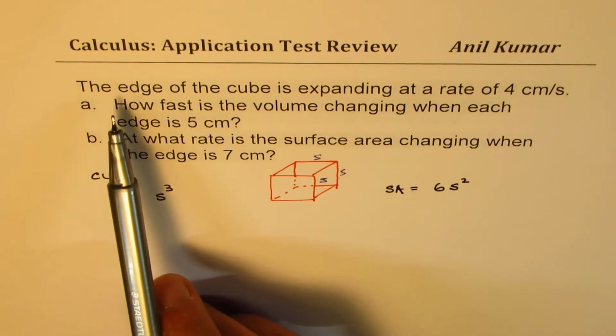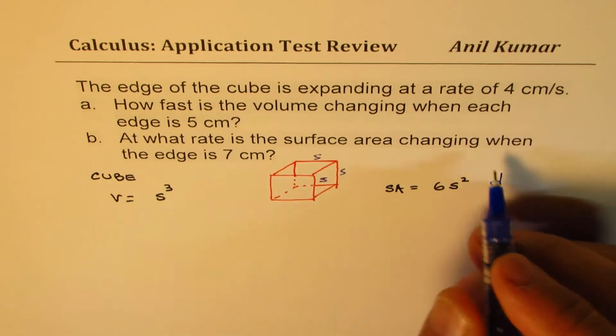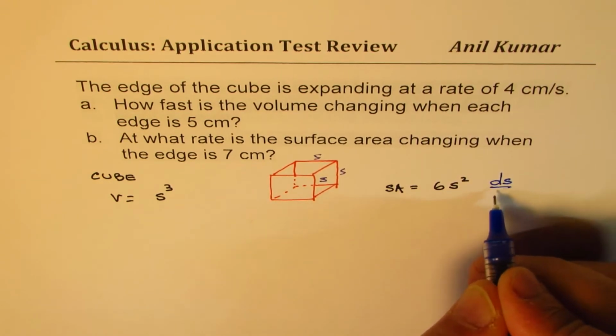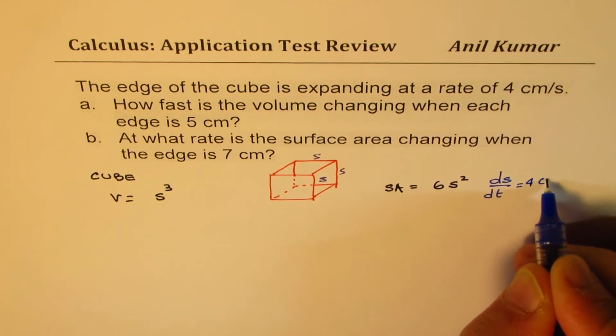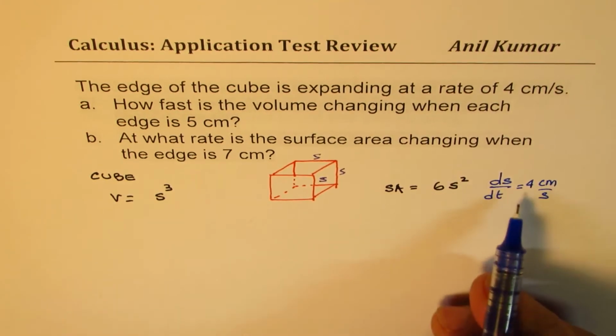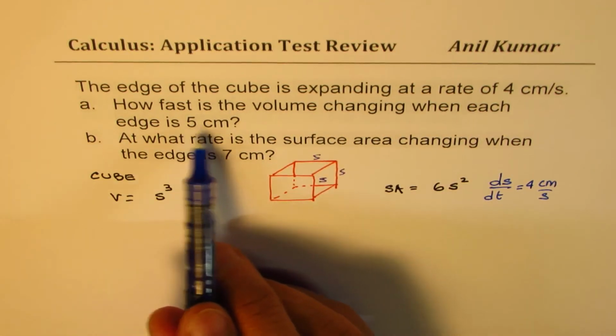Now the question is, the edge of the cube is expanding at the rate of 4 centimeters per second. So we are given that the change in dimension is 4 centimeters per second. You get an idea. That is what we are given. How fast is the volume changing when the edge is 5?